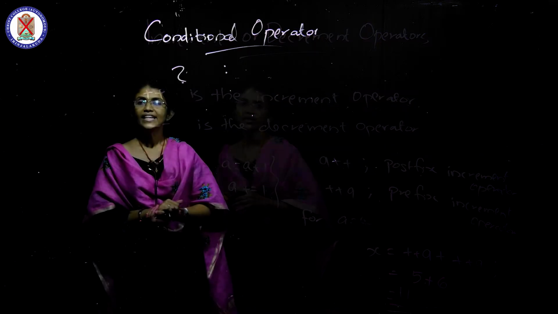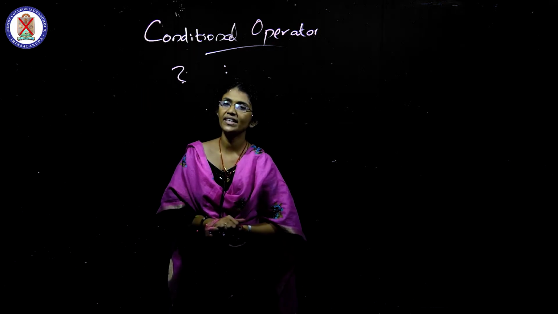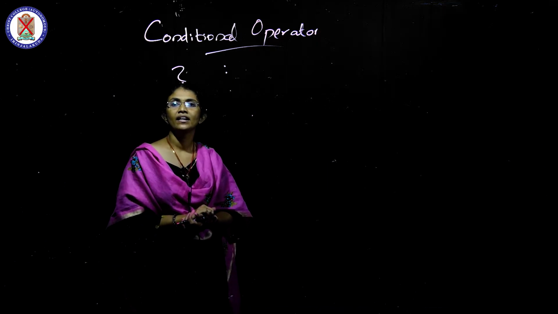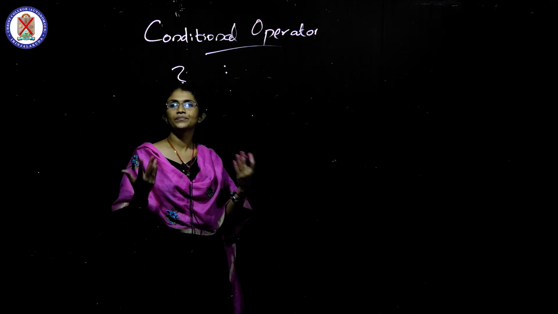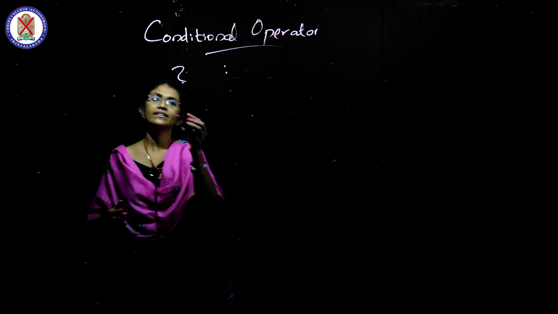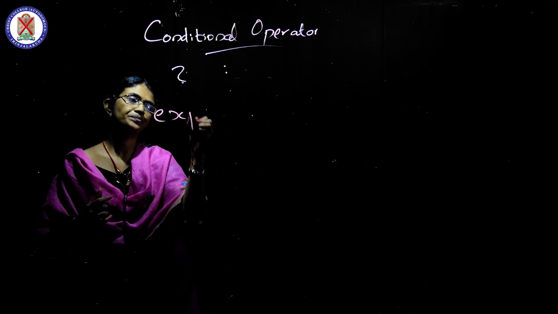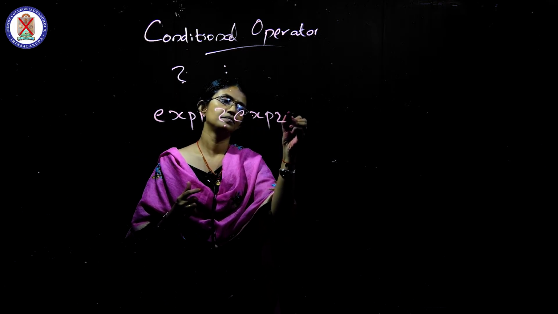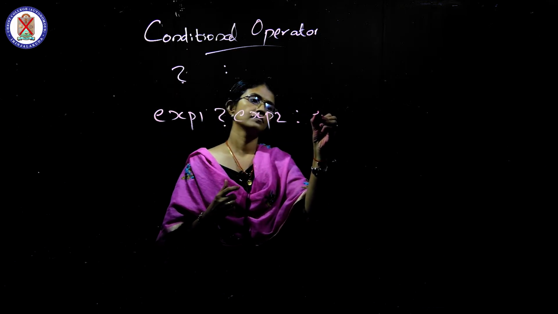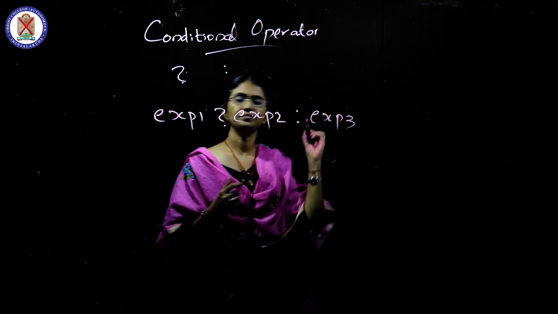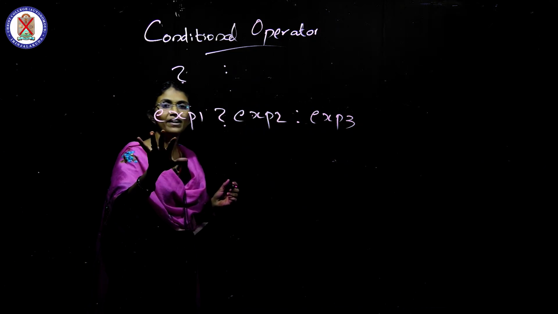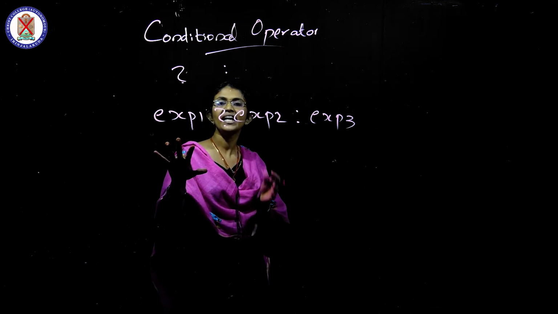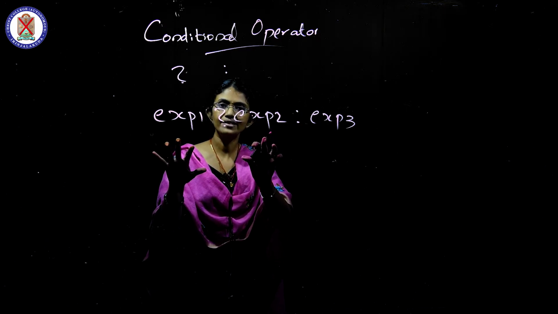Okay, next operator is the conditional operator. The conditional operator is a ternary operator. Ternary operator means it's an operator which is dealing with 3 operands. In the conditional operator, first the expression 1 is evaluated, and if the value of expression 1 is true, then expression 2 is evaluated.